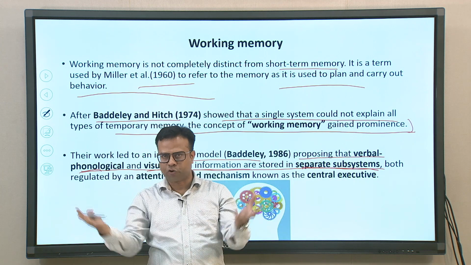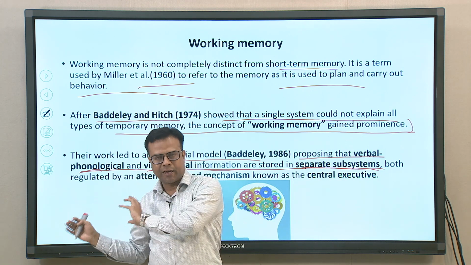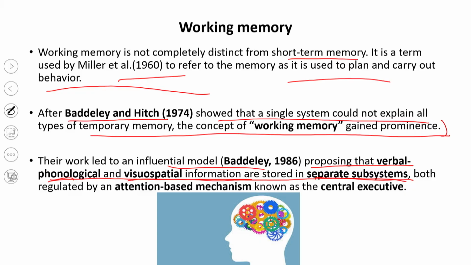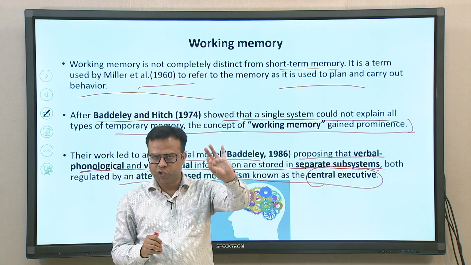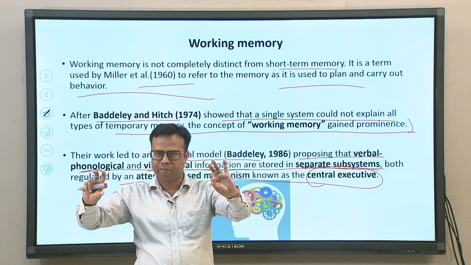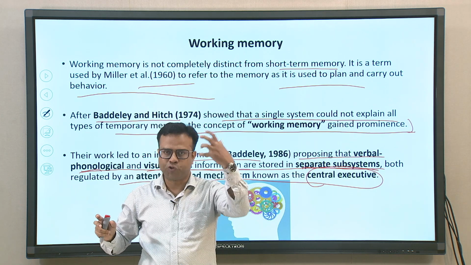Within this temporary storage system there is a subsystem for visual information and a separate system for auditory information, and both these systems were regulated by something called the central executive. So, the initial model had 3 components. There is a visuospatial component for the visual information and a verbal phonological component for auditory information.